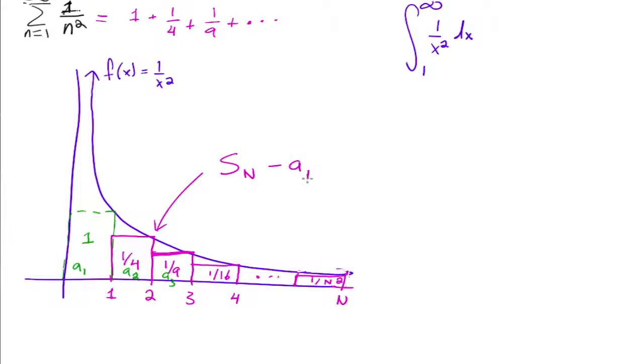Yes? What I wrote out in the pink rectangles is the partial sum, but I took away the very first term of the series. Okay. All right. So if I compare it to the integral from 1 to infinity, the area under the curve, 1 over x squared dx, what is this compared to that one?